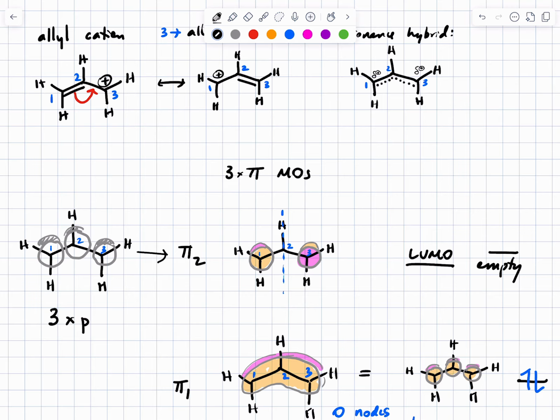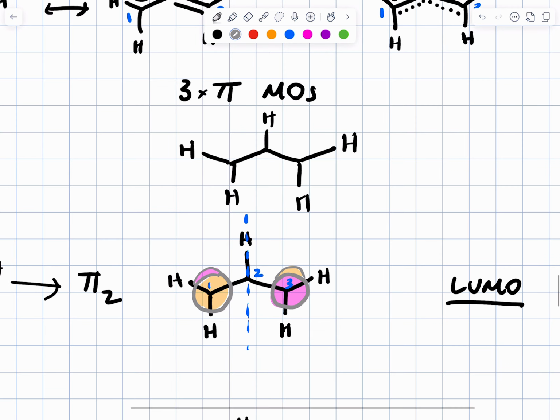So the highest energy orbital of these 3 pi molecular orbitals is an easy one to draw. This is where you draw 3 p orbitals on adjacent atoms, but you have all of them be out of phase.